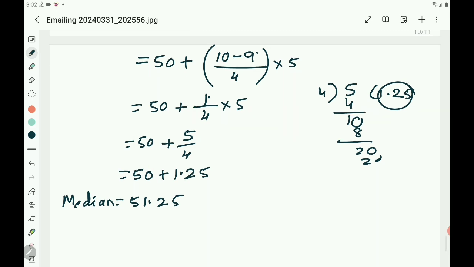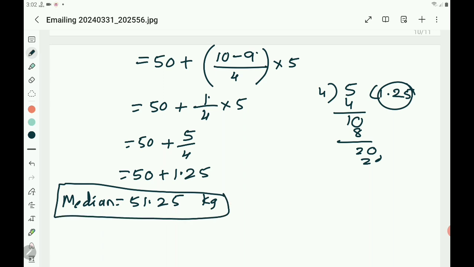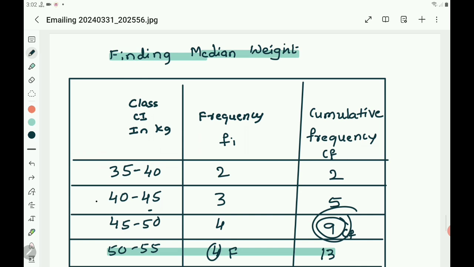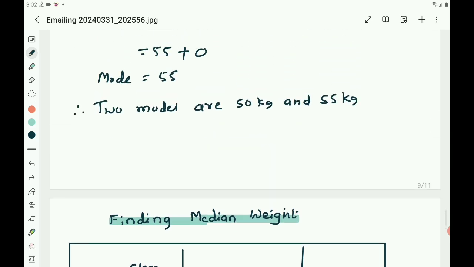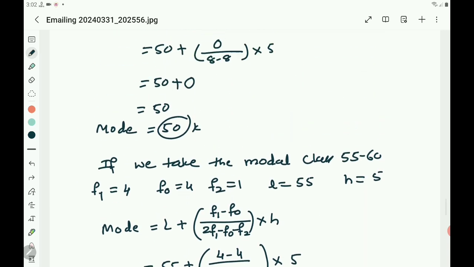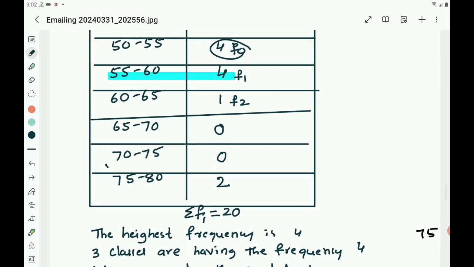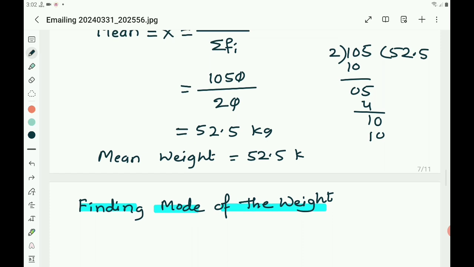Median equals 51.25 kg. So I got median 51.25 and mode, two modes 50 and 55, and mean is equals to 52.5.